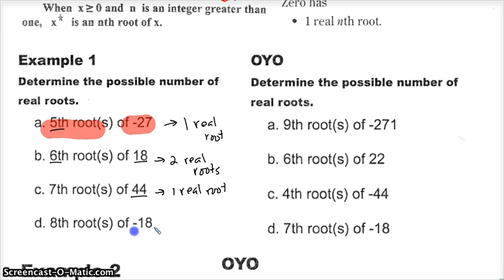Lastly, I look at -18. -18 is obviously negative. If I try to take the 8th root, I cannot take the 8th root of a negative number, so there are 0 roots.